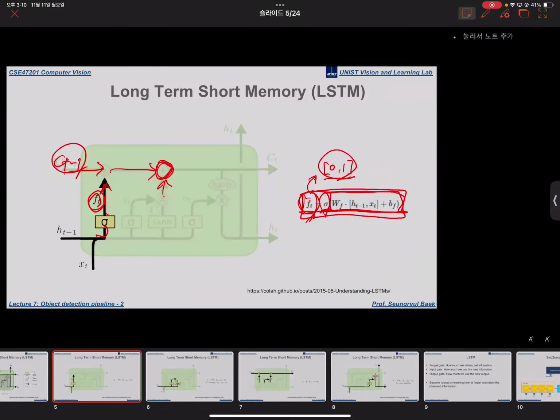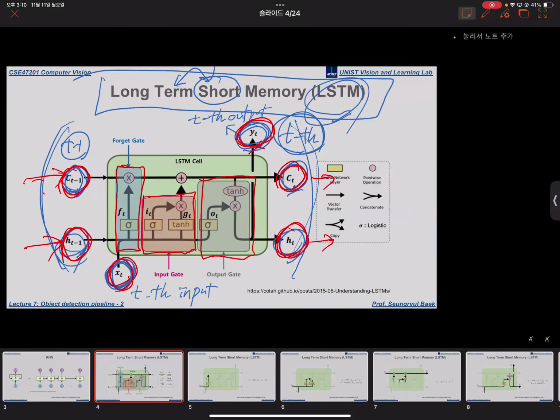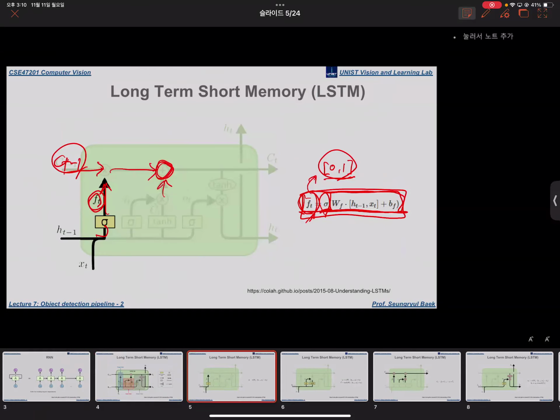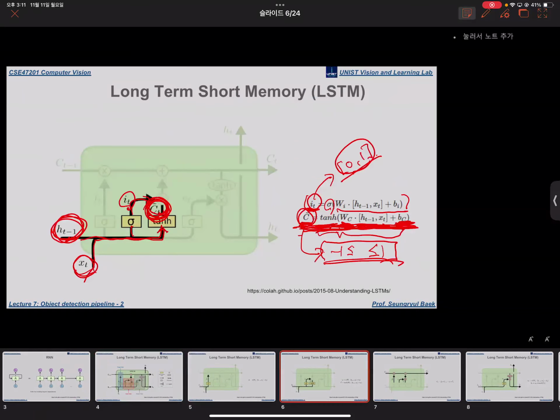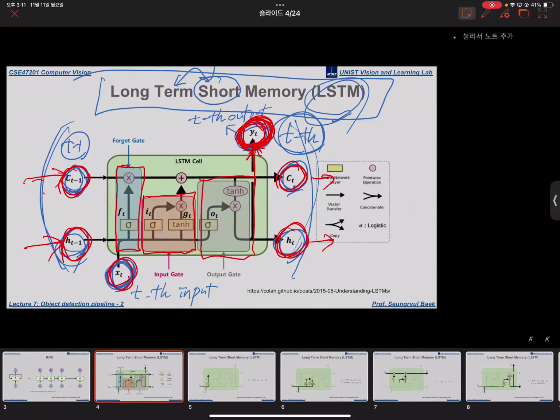And also here, y of t, we also have an operation for obtaining this y of t, but this is omitted. This y of t is actually the current frame's output.